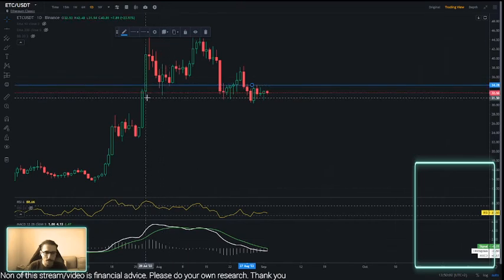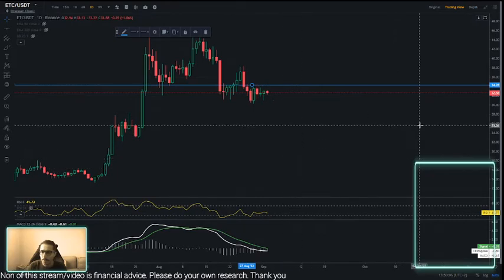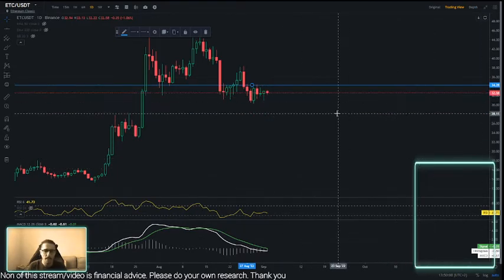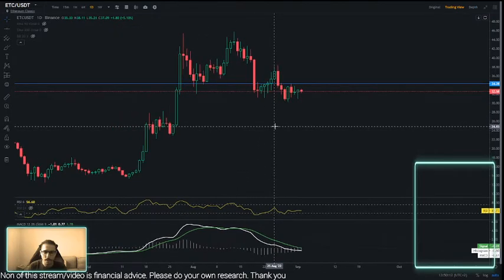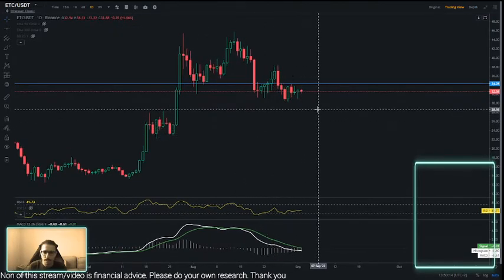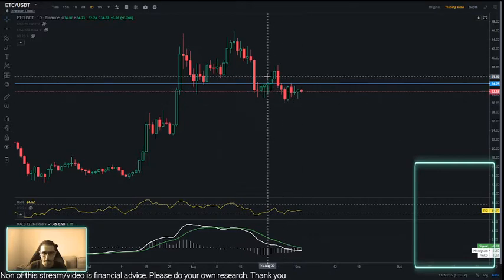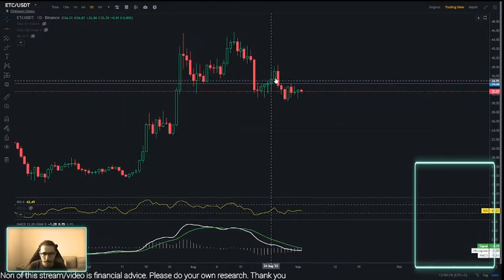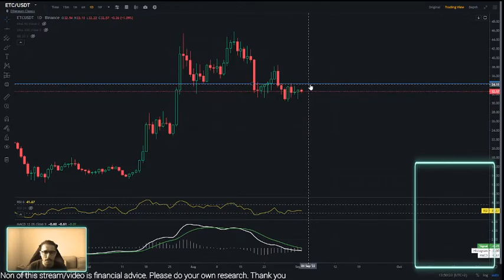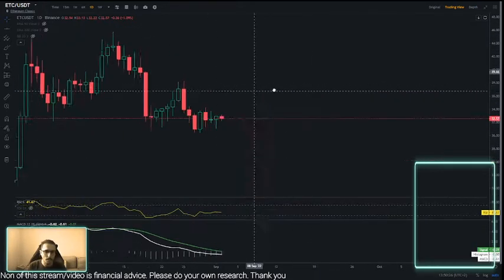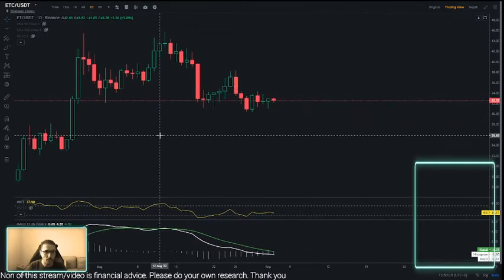So that's very interesting to have in mind, that 44.3 seems to be a huge resistance price, at least for Ethereum Classic. No, I don't see anything, guys. I apologize. So it's going to be neutral. I'm not seeing any clear formation.